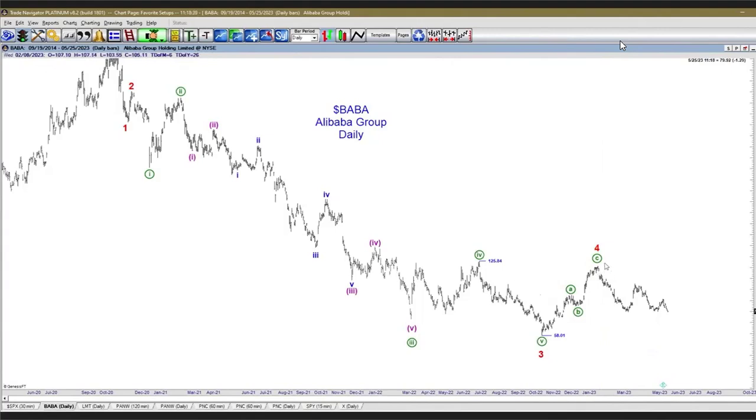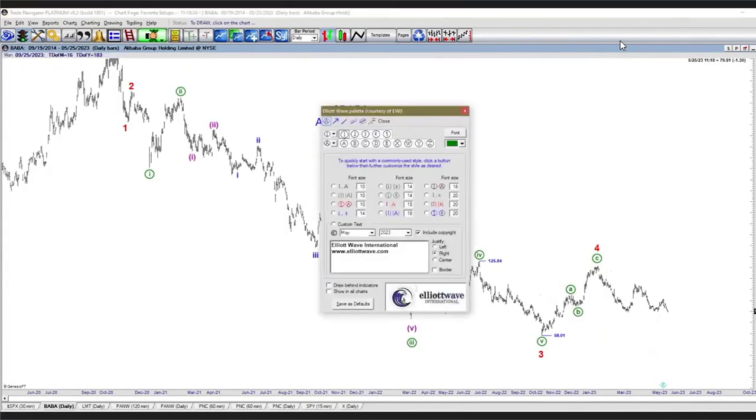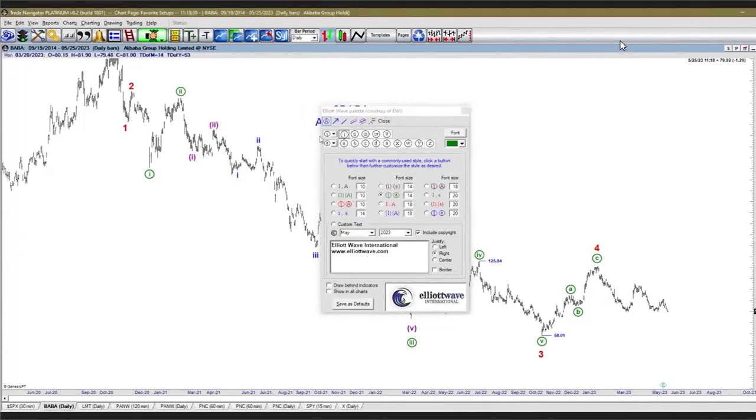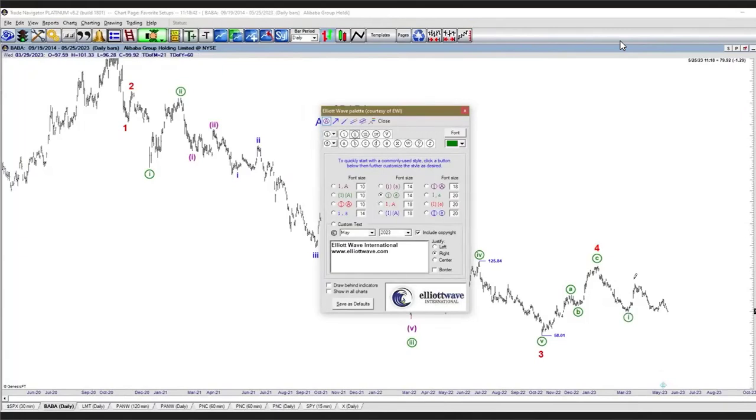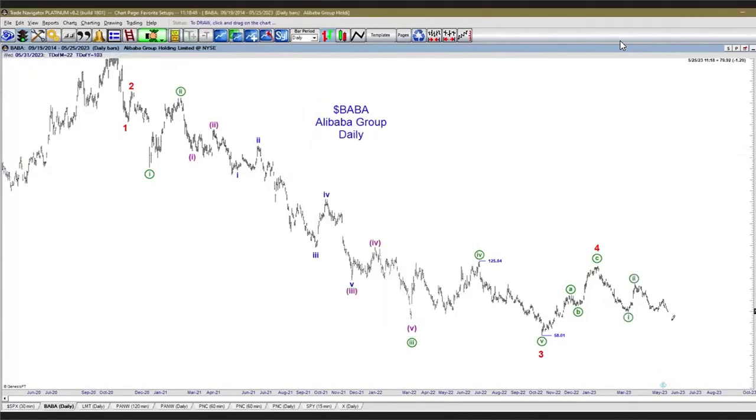So basically we got what looks like a wave 1 down here. We can go ahead and add that label. And then a 2 up appears to be complete. So now it looks like we should see wave 3 of 5 down to new lows. So that was just a classic wave pattern setup. ABC to the previous 4th, C roughly equal to A.